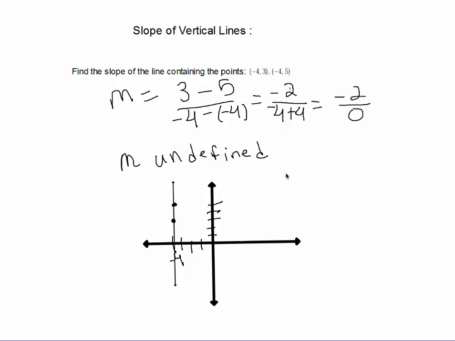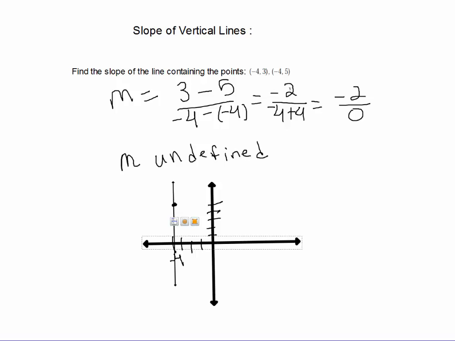And so you can see the reason why we get an undefined slope for a vertical line, that is because there is no change in x. So when we find this difference down here in the denominator, since I'm not moving to the left or to the right, that difference is always going to be 0. And since I can't divide by 0, the slope of any vertical line is always going to be undefined.